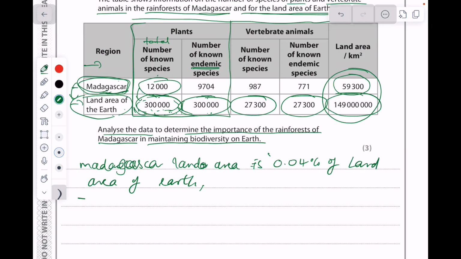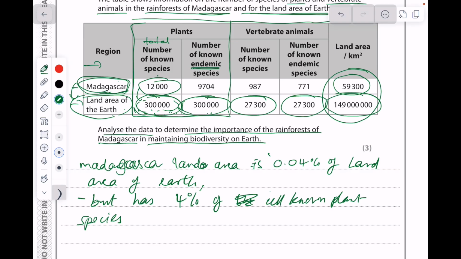So it has 4% of all known plant species.